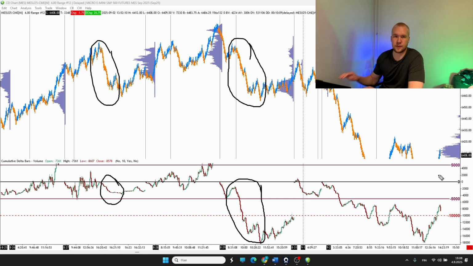And previously we were looking at this and this. And again, keep in mind that we have the zero line here in the middle. It's the black one. Just look at the difference of the delta versus the price action. The price action is nearly identical, but the difference is in the delta. So in the first example here, let's say you sold the market.